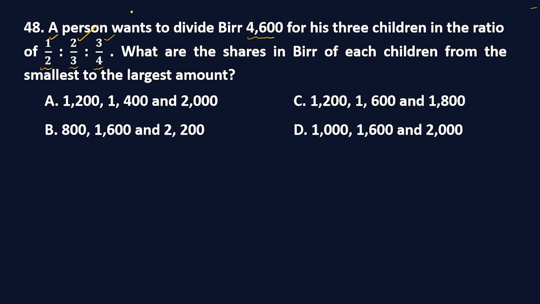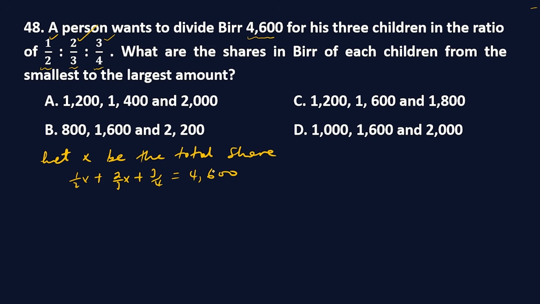So you can say let x be the total share. Okay x total share ቢሆን ምን ይሆናል ማለት ነው፣ 1/2x plus 2/3x plus 3/4x must be 4,600. Okay እንደዚህ ልናደርገው እንችላለን። So ይሄንን ስንደምር የምናገኘው ሪዛልት 23x over 12 ነው የሚሆነው። This must be 4600.